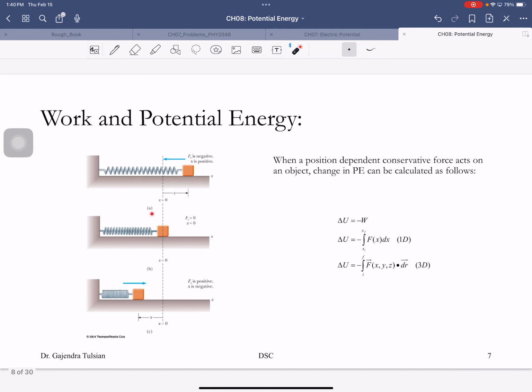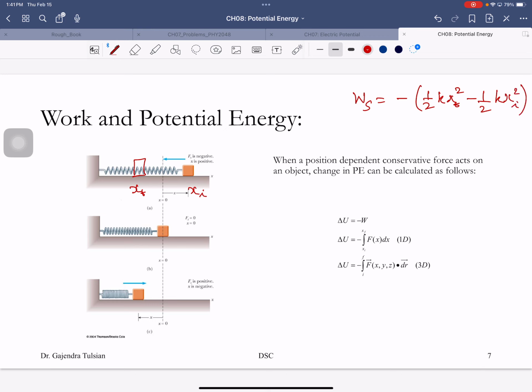So here's a spring force. Let me illustrate what we mean by path independence here. Okay. So here's the spring force. Let's say the mass goes from here to there. You can calculate the work done by the spring force when the mass goes from here to there. Okay. X initial to X final. The work done by the spring force is minus 1/2 k x final squared minus 1/2 k x initial squared.